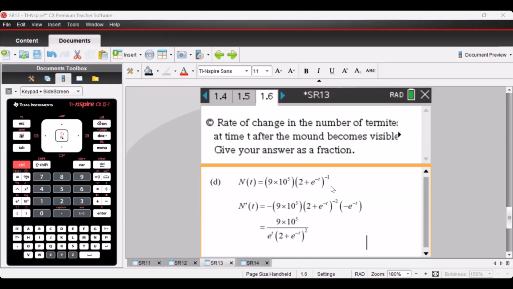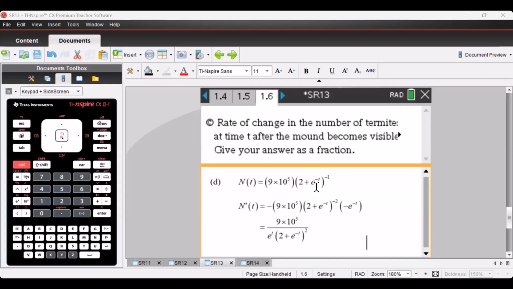And so our focus is going to be on obtaining a correct derivative of this part. So first of all, using the chain rule, that negative 1 becomes the negative that comes down the front. Our 9 times 10 to the power of 5 stays out the front. Then what we do is we subtract 1 from the power of 2 plus e to the minus t.